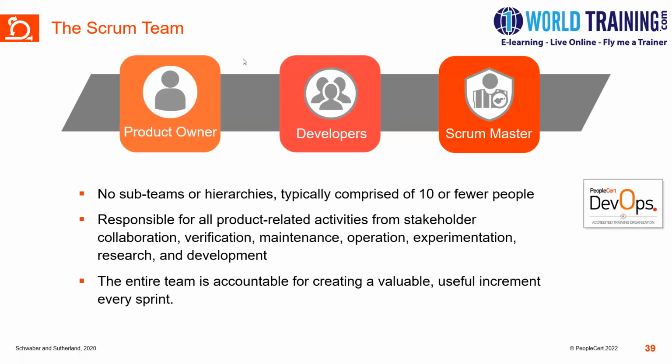The entire team is accountable for creating a valuable, useful increment in each and every sprint. All team members, including developers, Scrum Master, and product owner, work in agreement and ensure together that they fulfill the value for the product they are trying to build. So these are the three primary roles in a Scrum team.